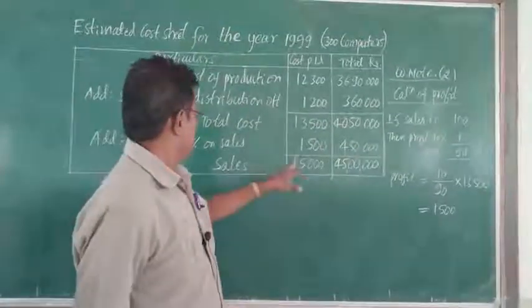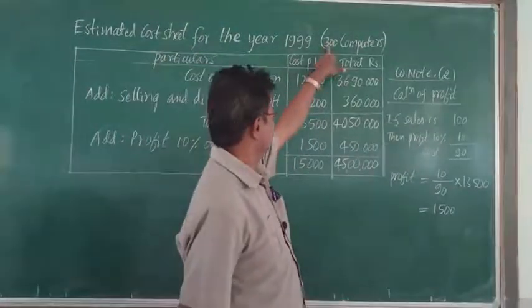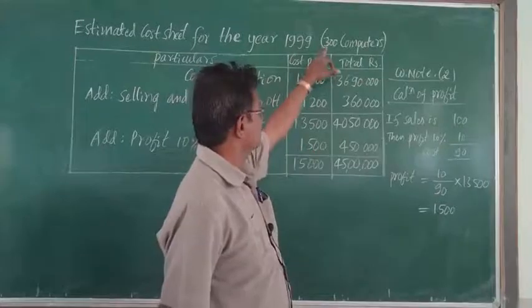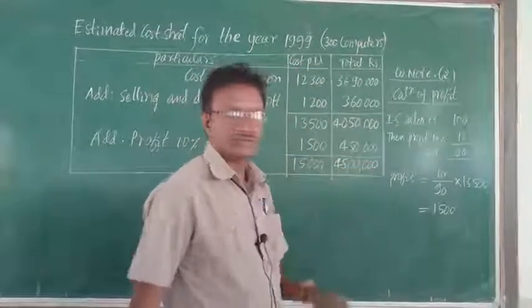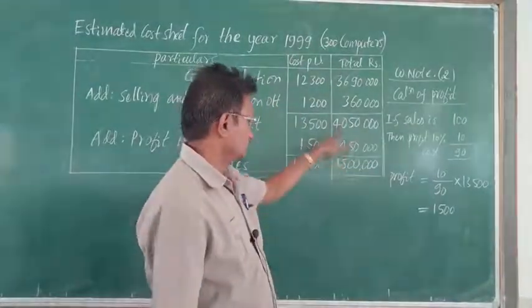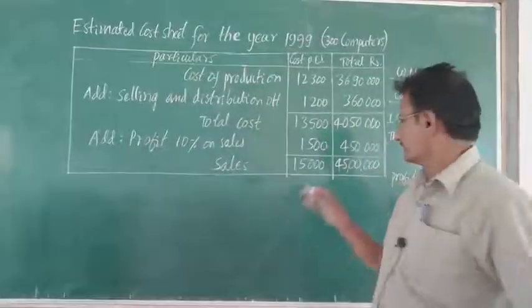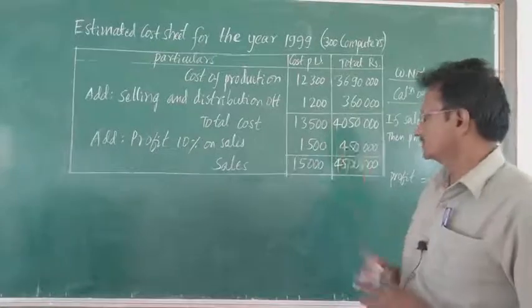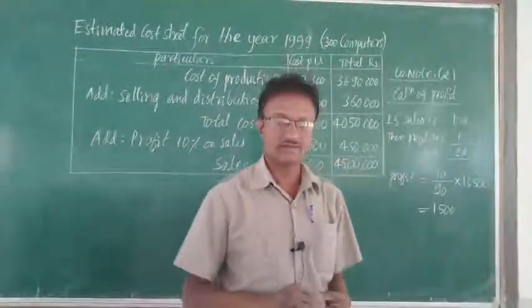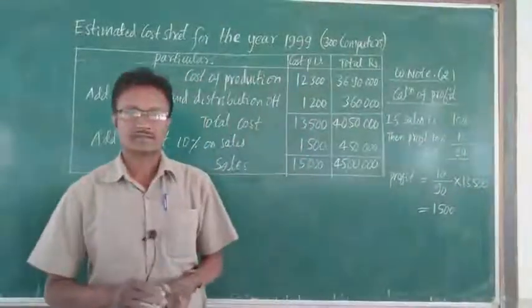The profit for 300 computers, 1,500 into 300, is equal to 4,50,000. The total sales for 300 computers will be 45 lakh rupees, and per computer it is 15,000 rupees. Thank you.